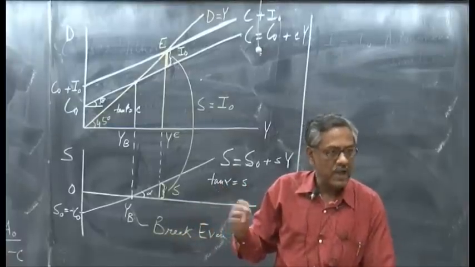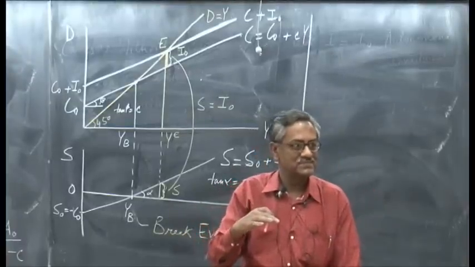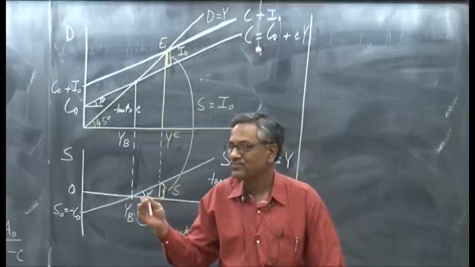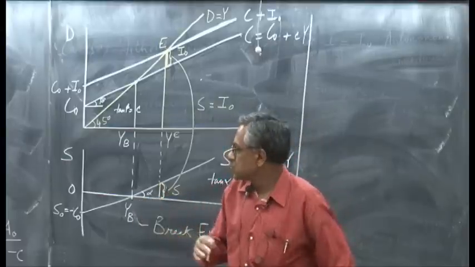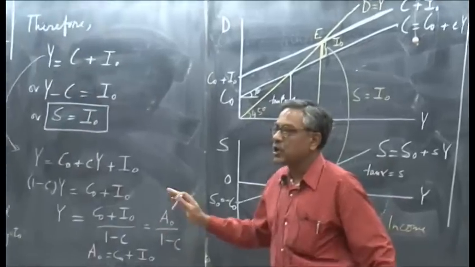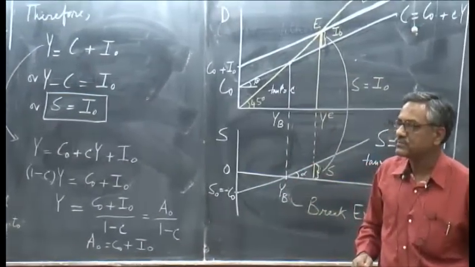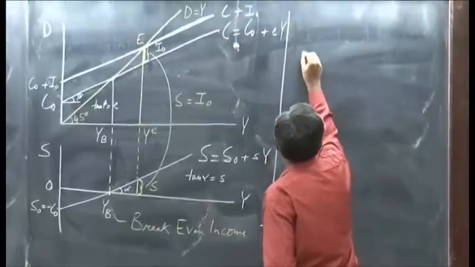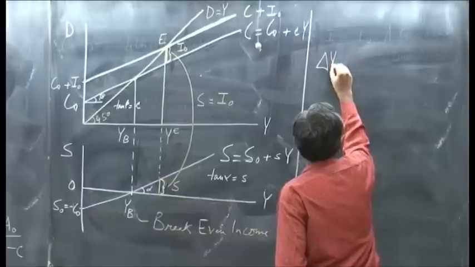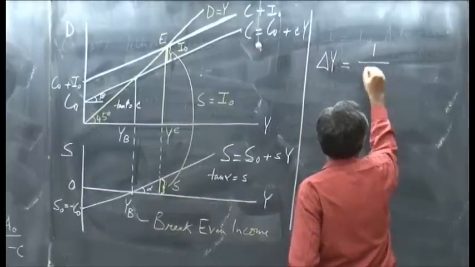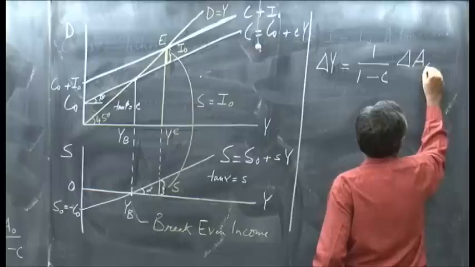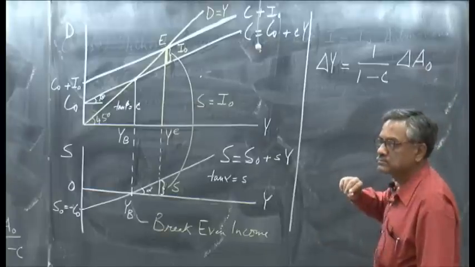Suppose I'm coming out of the short run period and going into another short run period now. They decided to spend more, so there is a delta A naught amount of increase. What will be delta Y? Delta Y will be equal to 1 over 1 minus c times delta A naught, the autonomous part.